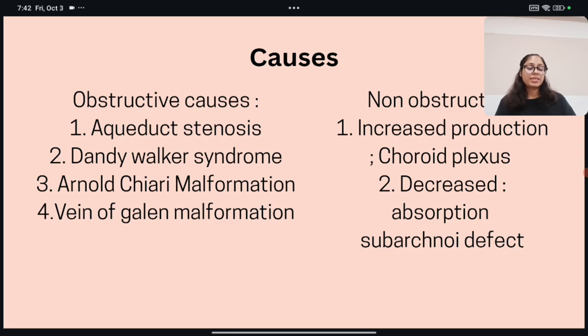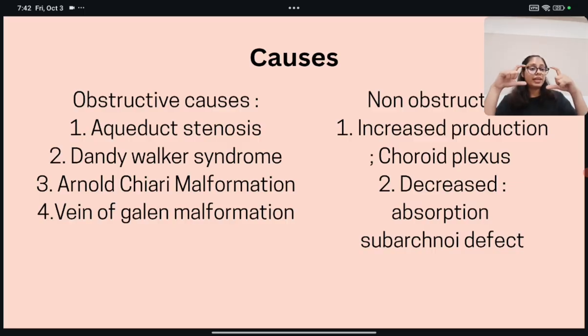I can give you some examples, like meningitis is also a defect of the subarachnoid space, or if there is bleeding and blood accumulated in the CSF, then it can lead to decreased absorption of CSF. The obstructive causes mean the pathway which we have understood, right?